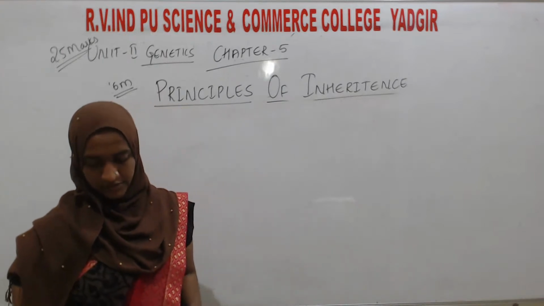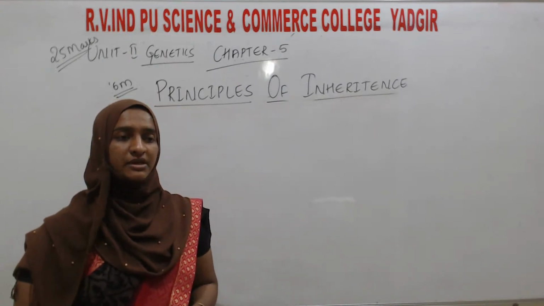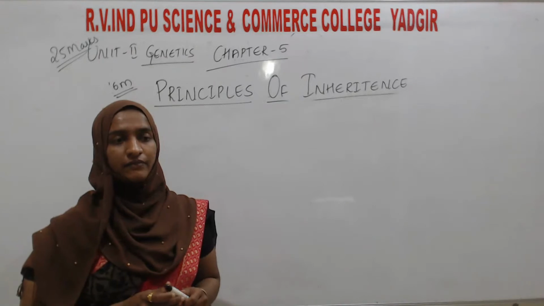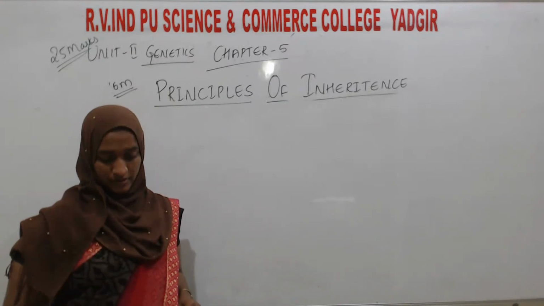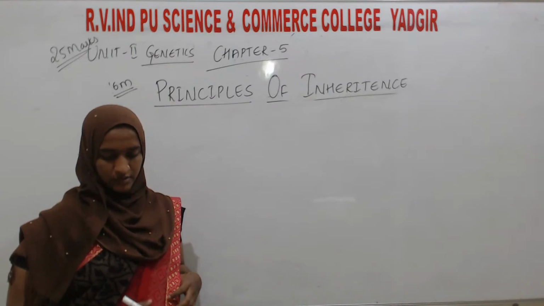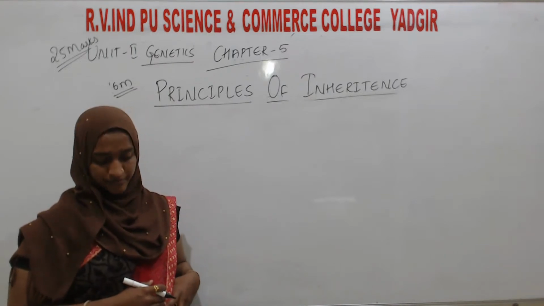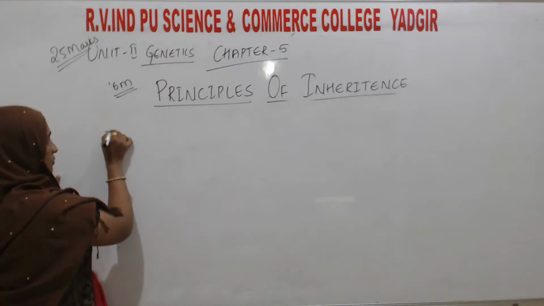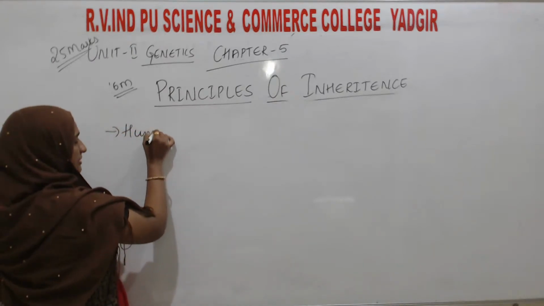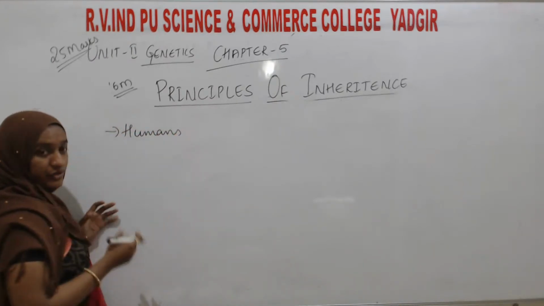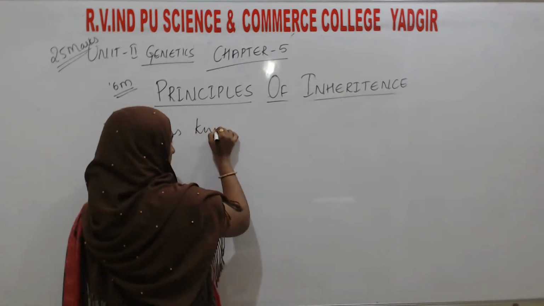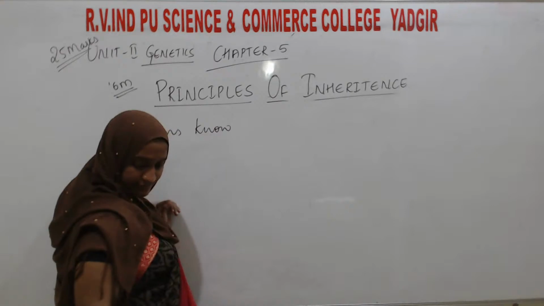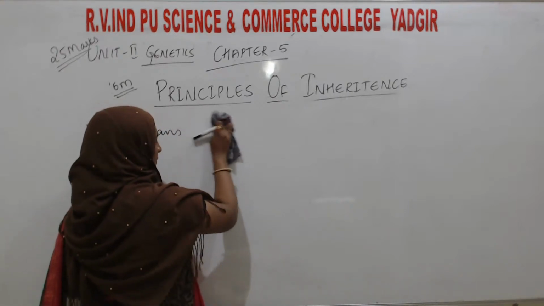Next, see, human beings came into existence around 8,000 to 10,000 BC. Here you see, human beings came into existence from which time, that is around 8,000 to 10,000 BC.